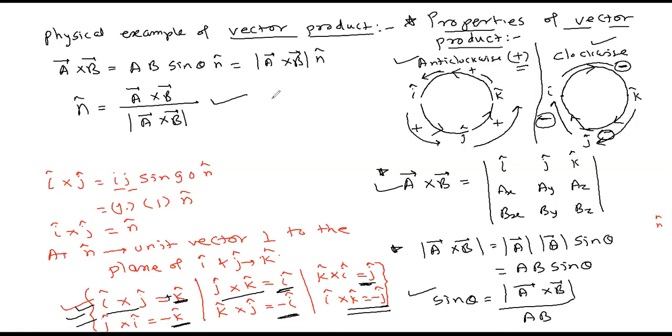Then we studied the very important property, the vector product of orthogonal unit vectors: i cross j is equal to k, j cross k is equal to i, k cross i is equal to j, and when you move in a clockwise direction, you get the negative sign for their product. So once again, go through all these points, remember them, and keep them in your mind for solving numericals.